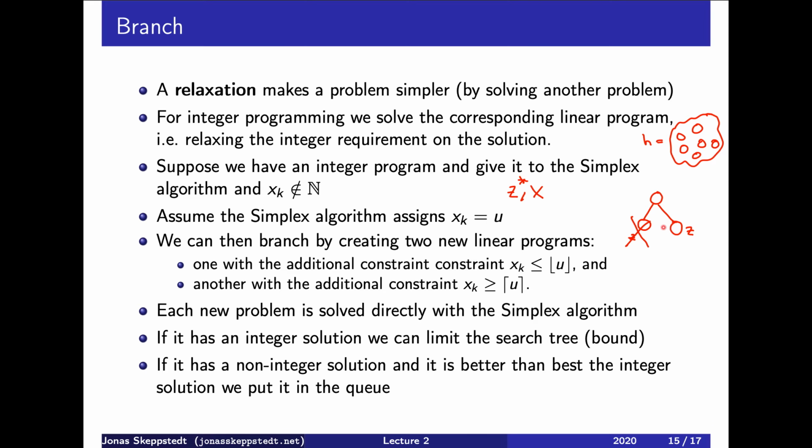Okay, and then say in the future we find another integer solution which is better than that one. What should we do then? So say we have a new Z star when we have explored the nodes, and we happen to find an integer solution, and it's better than that one.